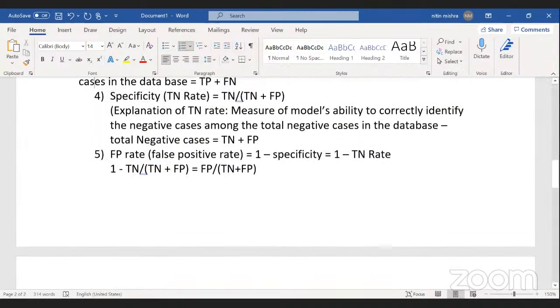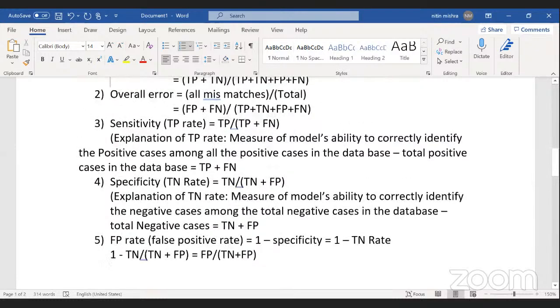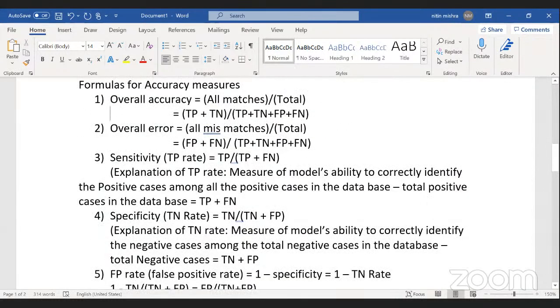So here, let me just put it. How do I write this? Let me put this in a square bracket.